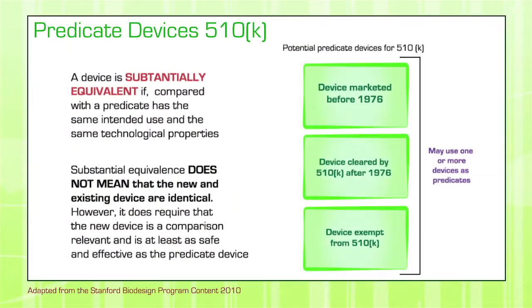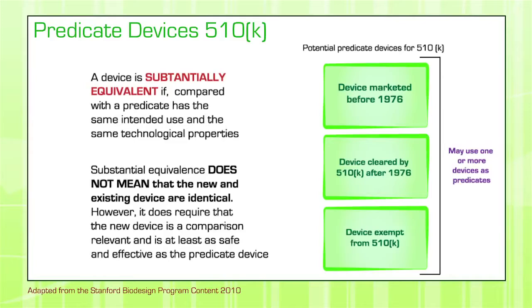Knowing this, what are potential predicates for devices in the 510K process that you can choose? Well, you can try to explore devices marketed before 1976, because, as we're going to see, the FDA regulatory process as defined now for medical devices was defined on that date.